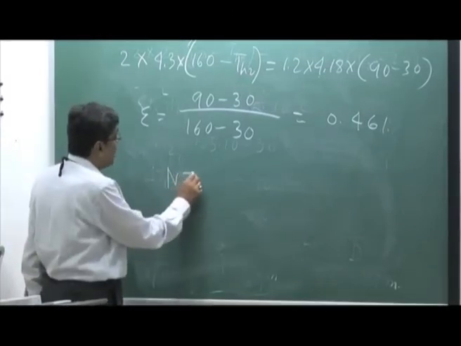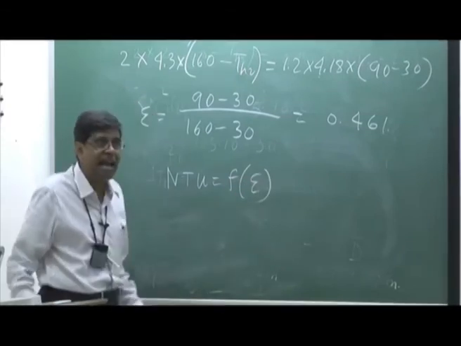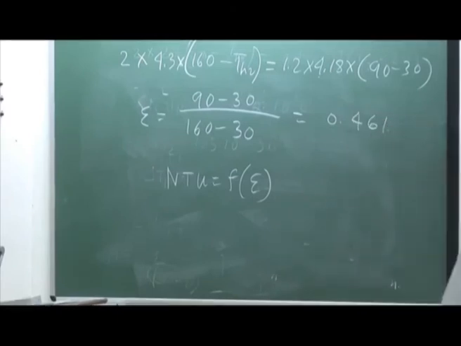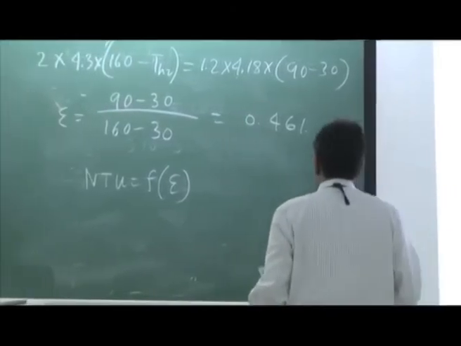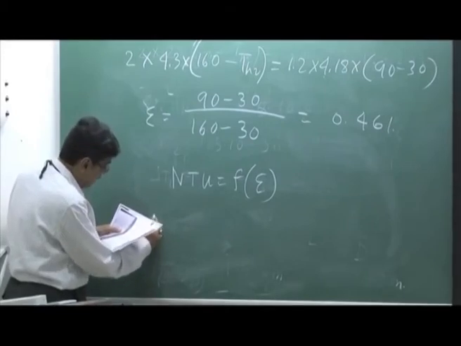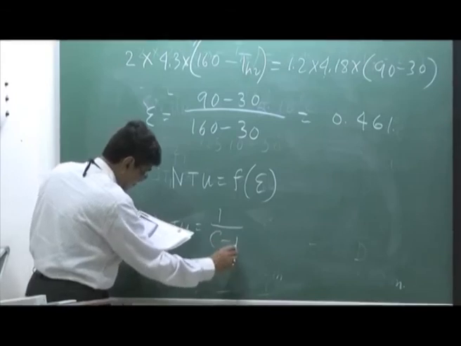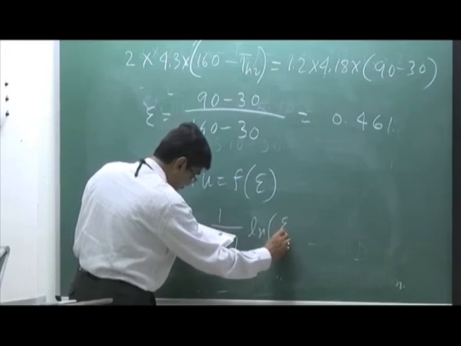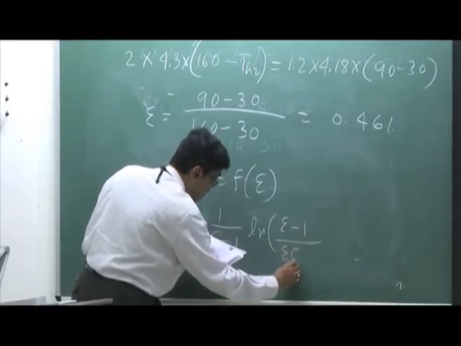That means I have to express NTU as a function of epsilon. For that, little more labor you have to put. We expressed epsilon as a function of NTU. You remember that function, if you just write the other way, NTU is equal to 1 by C minus 1 into ln of epsilon minus 1 divided by epsilon C minus 1.